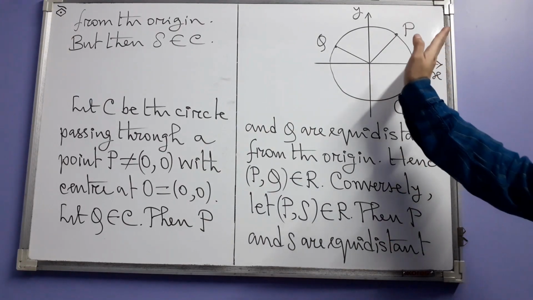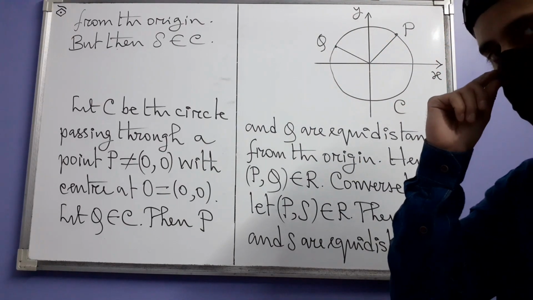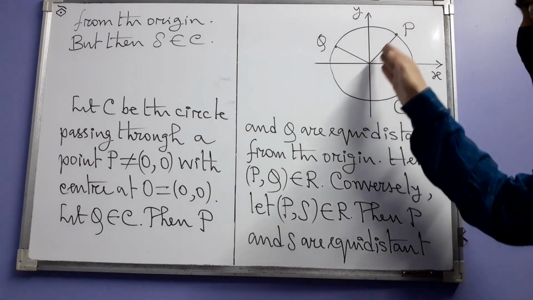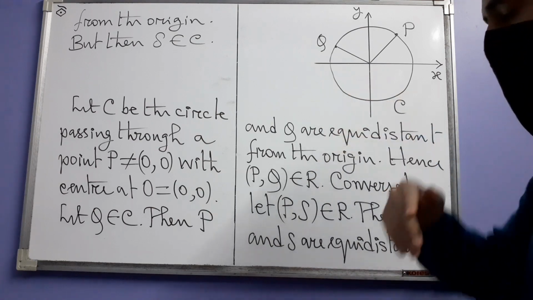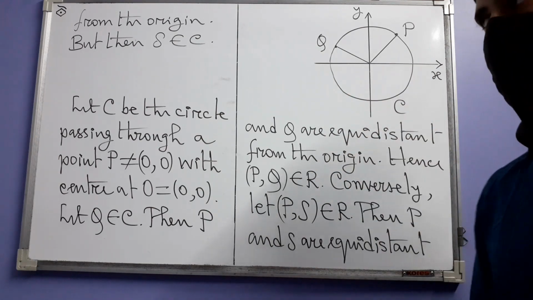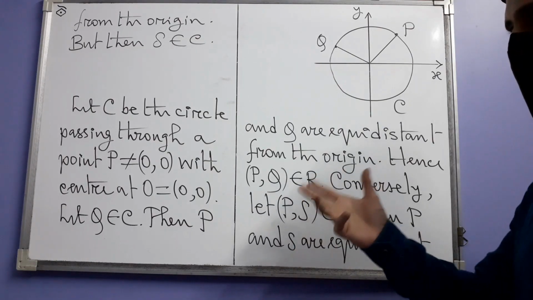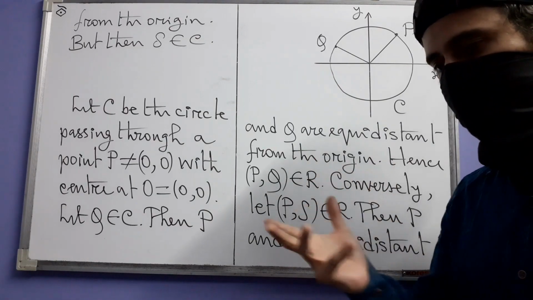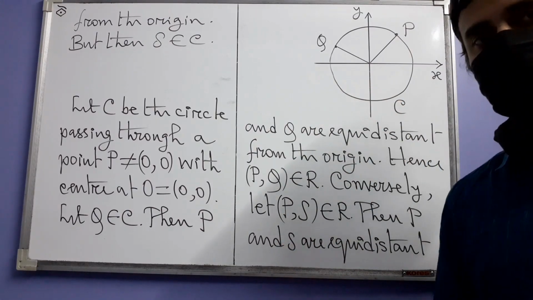Because C is the circle that passes through P and whose center is the origin. So if some point is at this distance, then it cannot lie outside C, it has to lie on the circle. So S has to be a point in C. So we have proved that C is precisely the set of those points which are related to P.